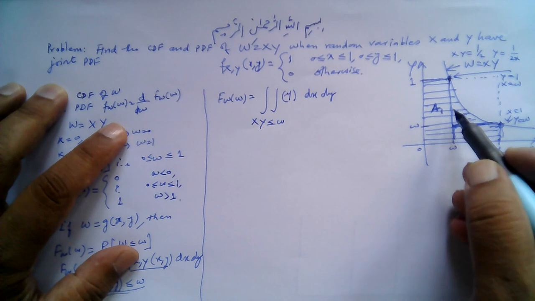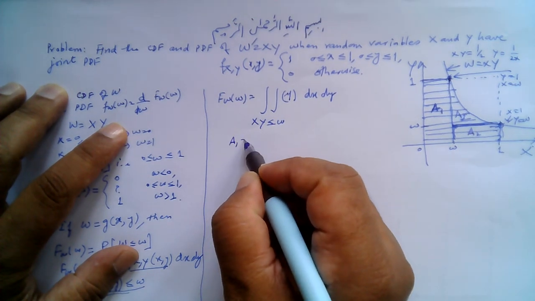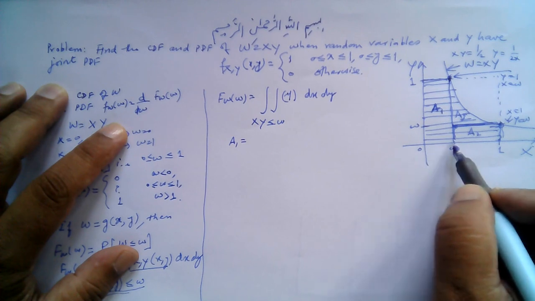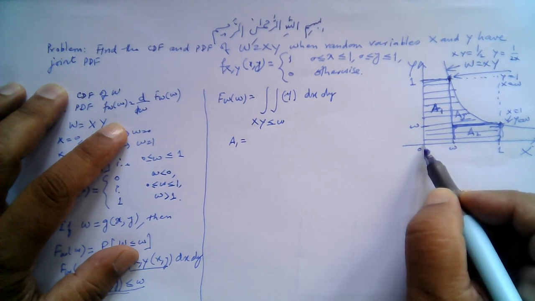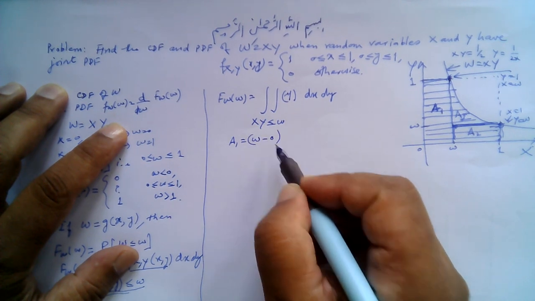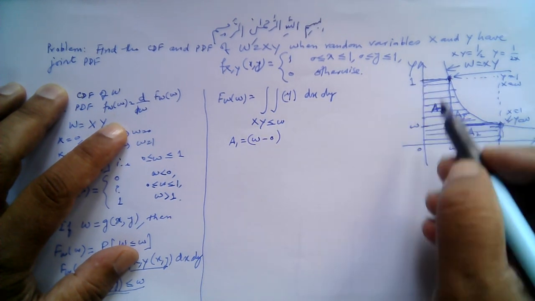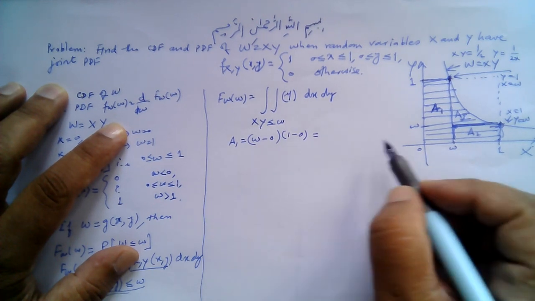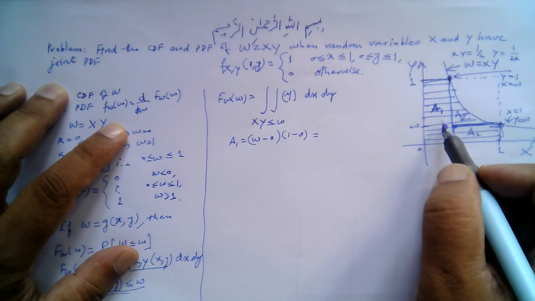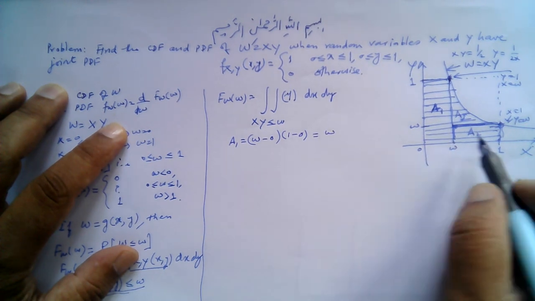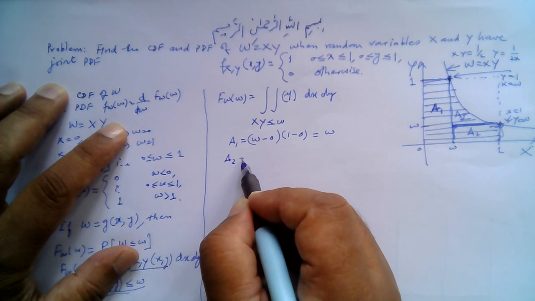So for example, rectangle 1, we have A1 is equal to this width, which is given by w minus 0, and multiplied by this height, which is 1 minus 0. So the area of rectangle 1, the area A1, is w basically. And to calculate area A2, let's see.